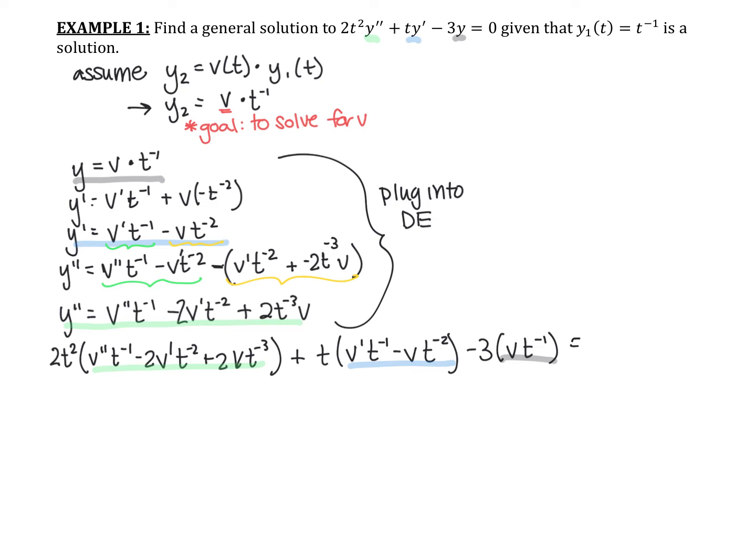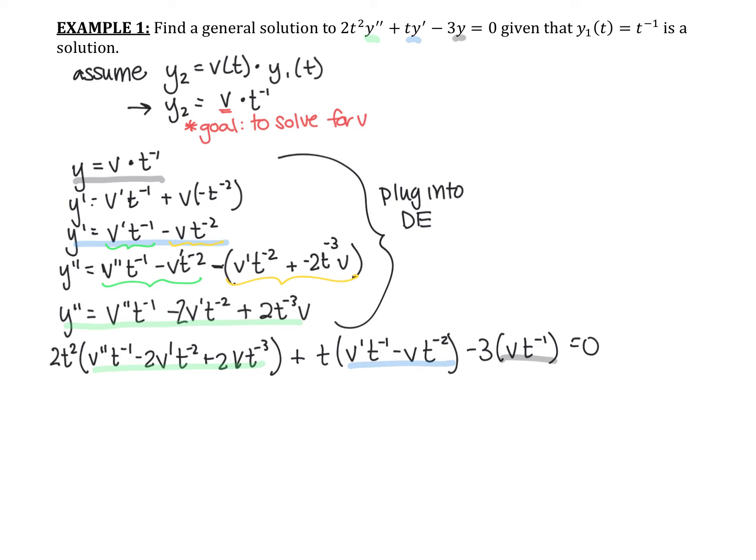Well, we've got to solve the equation. Okay, so I'm going to try to make this as clean as possible at this point. It actually cleans up pretty nicely, I think.